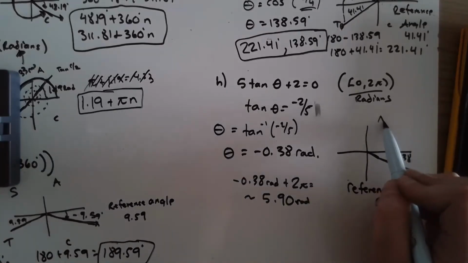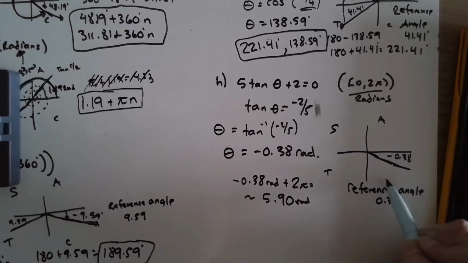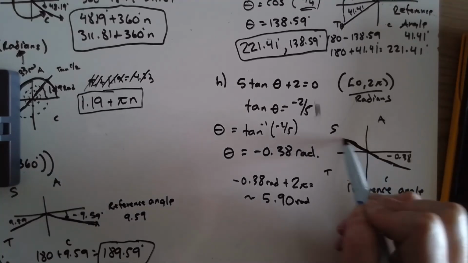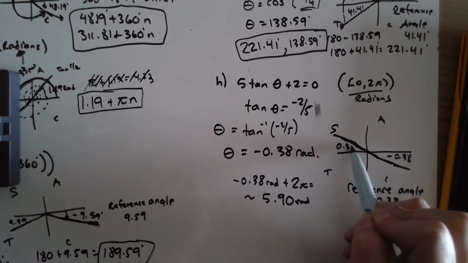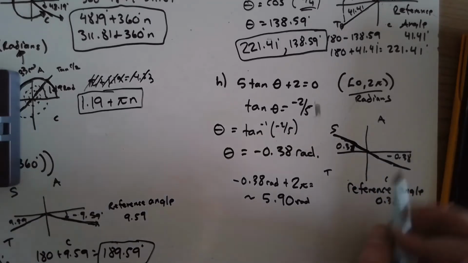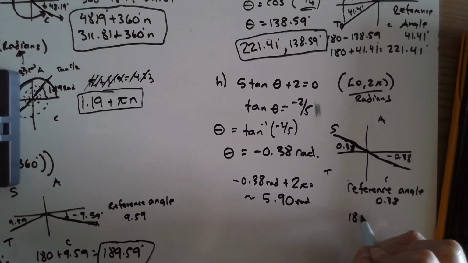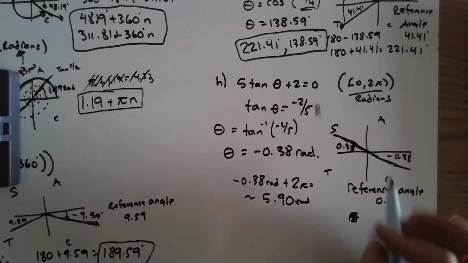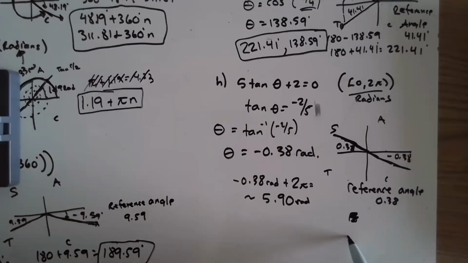Well, if we think about this, all students take calculus. The only other place it is going to be negative is in this quadrant right here, 0.38. Well, if I did 180, not 180, sorry, if I did pi, can you see that?